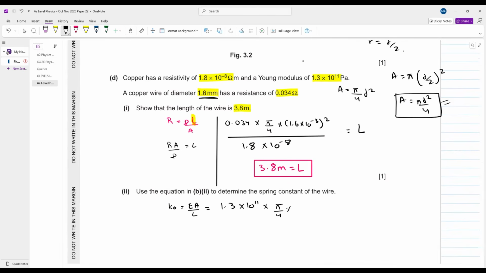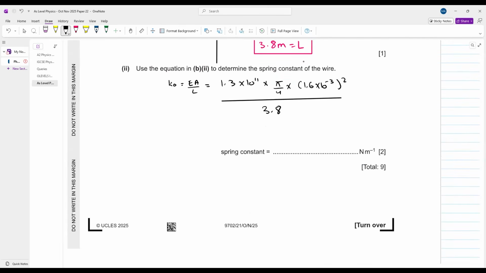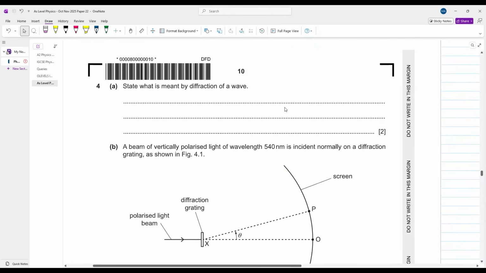Pi over 4 into diameter, what is the value? 1.6 10 raised to the power of -3, whole square, divided by length. What is your value of length? 3.8. Can you calculate spring constant K naught? Yes, you can calculate the value of the spring constant. Yes, that comes out to be 6.9 10 raised to the power of 4 Newton per meter. Simple. Let's further move ahead.